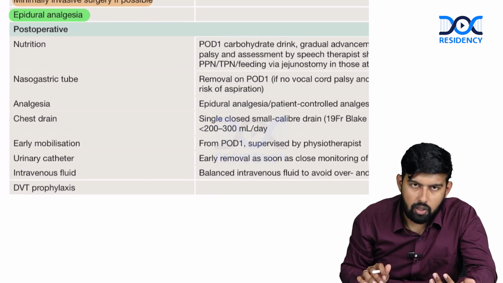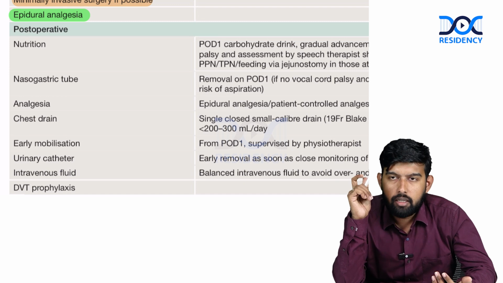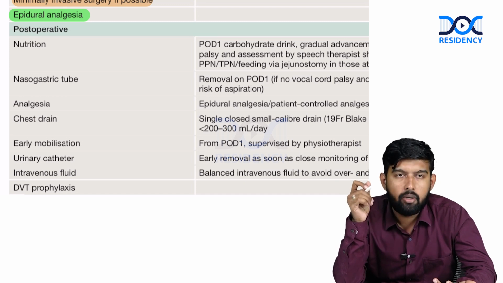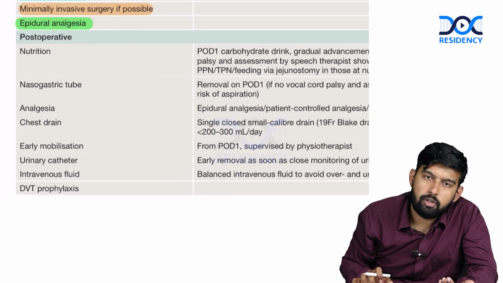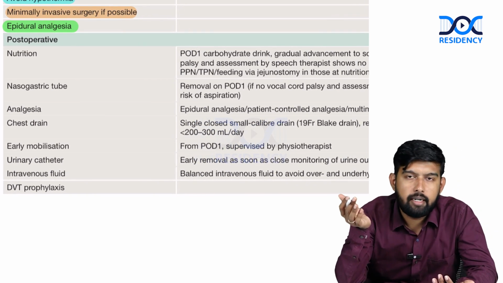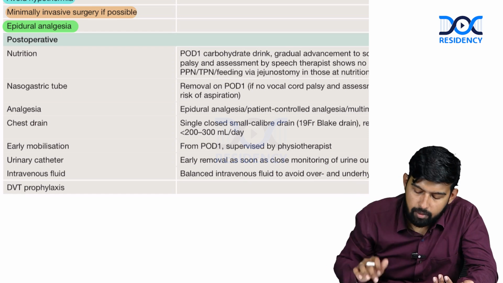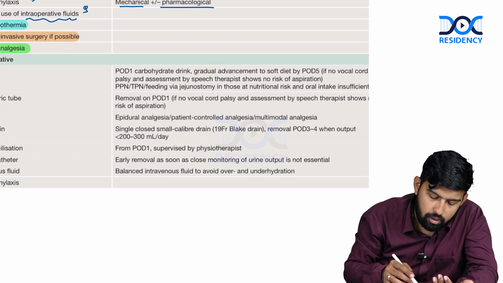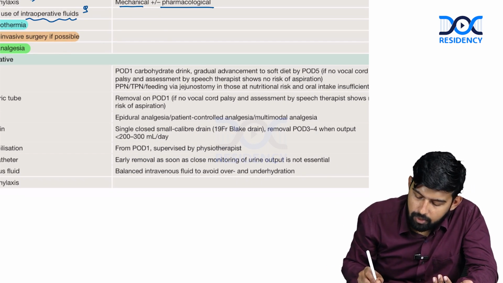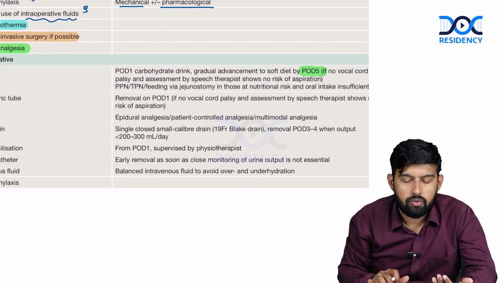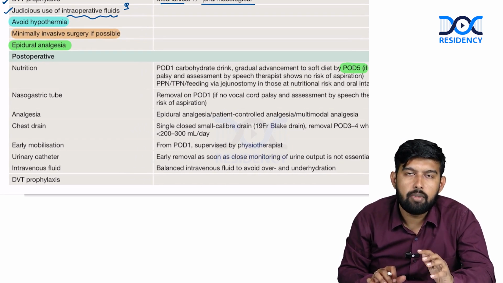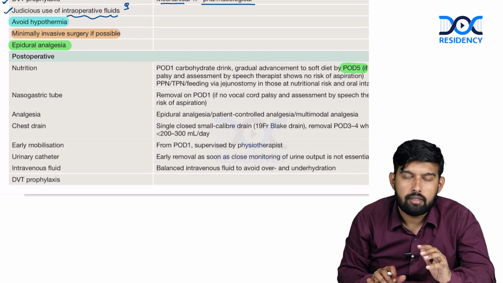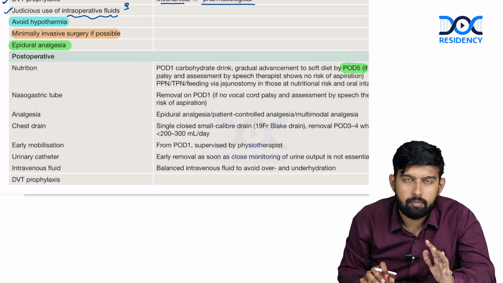Post-operatively, we can enhance recovery by adding nutrition, like on post-operative day 1 the carbohydrate drink can be started, and the patient should start the full soft diet by the end of post-operative day 5. So in ERAS we should keep the patient NBM as minimal as possible.